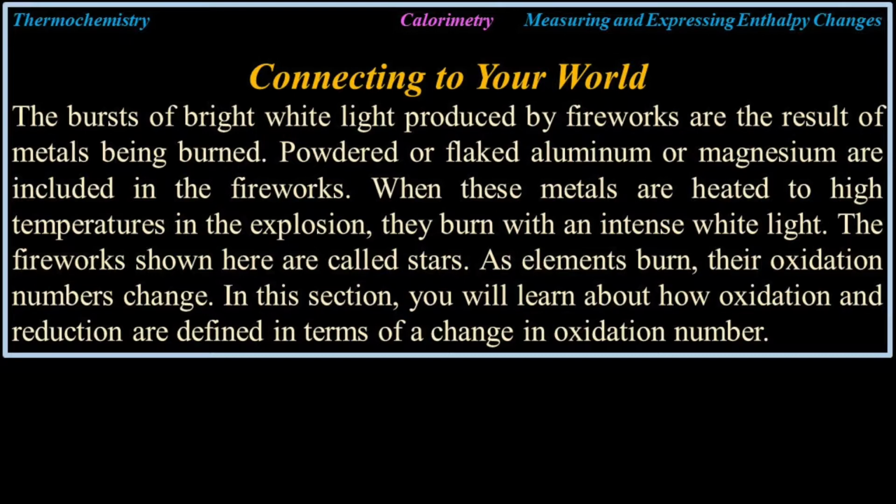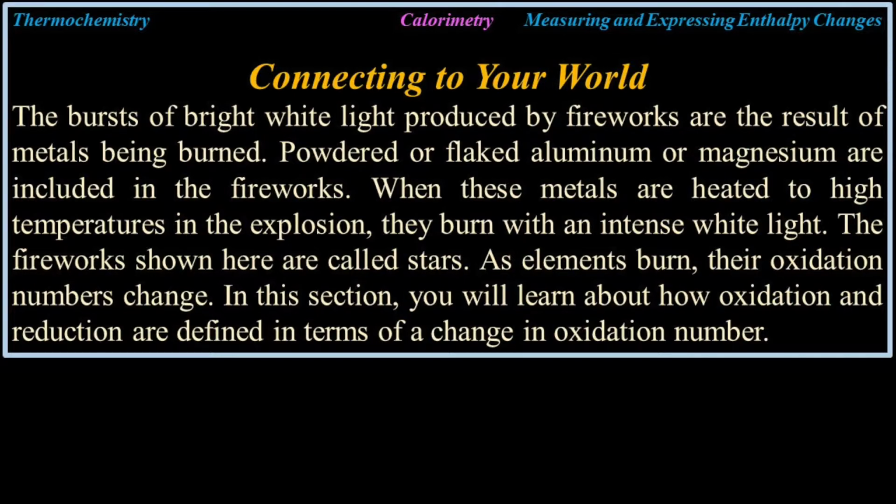When these metals are heated to high temperatures in the explosion, they burn with an intense white light. The fireworks shown here are called stars. As elements burn, their oxidation numbers change. In this section, you will learn about how oxidation and reduction are defined in terms of a change in oxidation numbers.